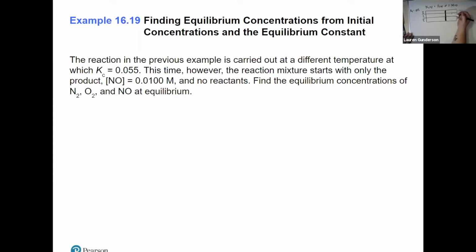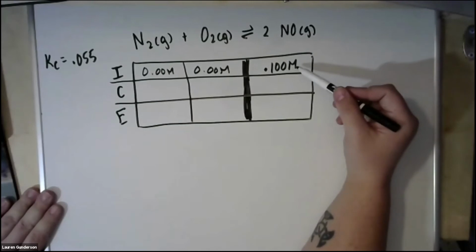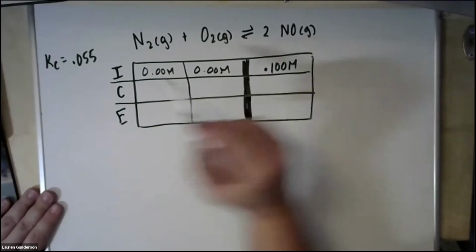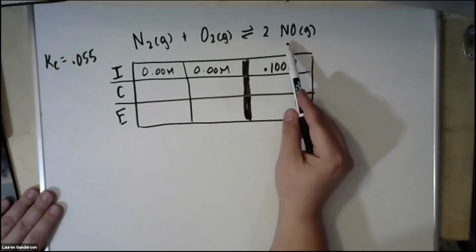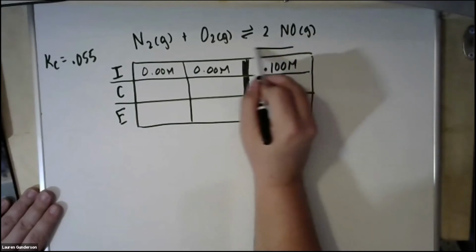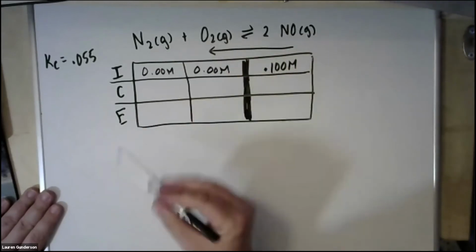So here they're telling us that we're starting only with 0.1 molar NO. And we're going to find the equilibrium concentrations of everything. Just like we were talking about last time, if we're starting with 0.1 molar NO and we have no nitrogen or oxygen, then the NO is going to start to convert into nitrogen and oxygen.